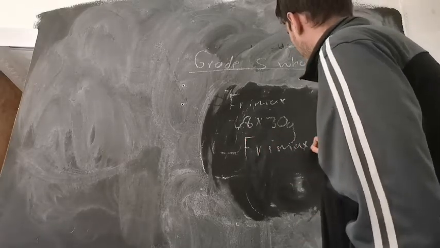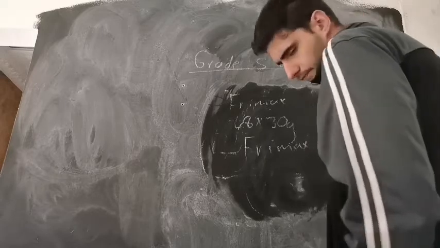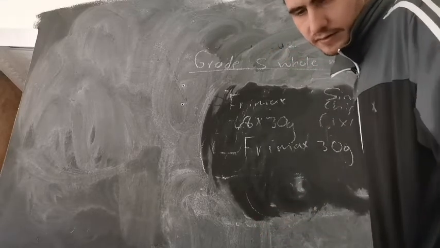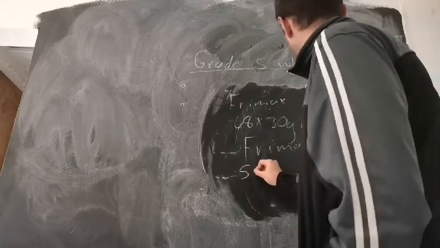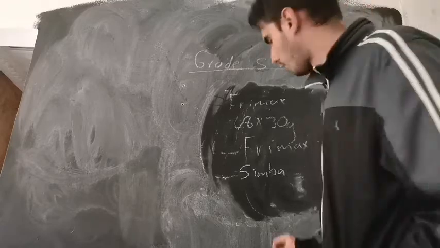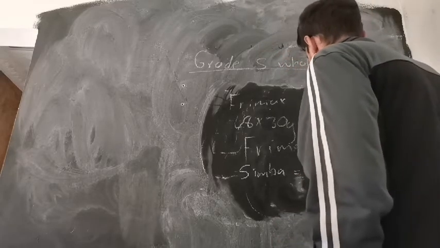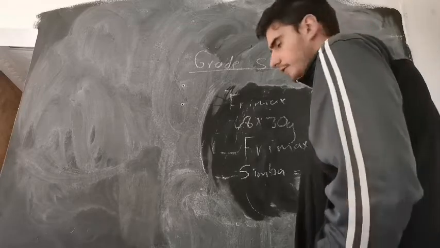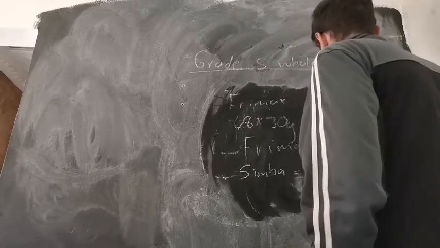Frymax is 30 grams. And then Simba, as we've seen there, is going to be 125 grams. Now, we have to look. Okay, so our limit is 125.